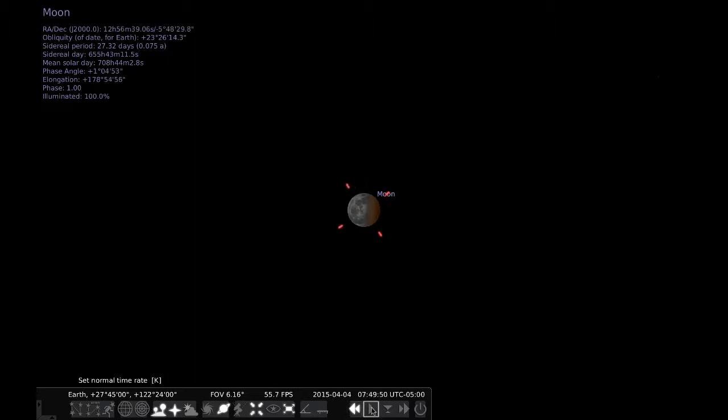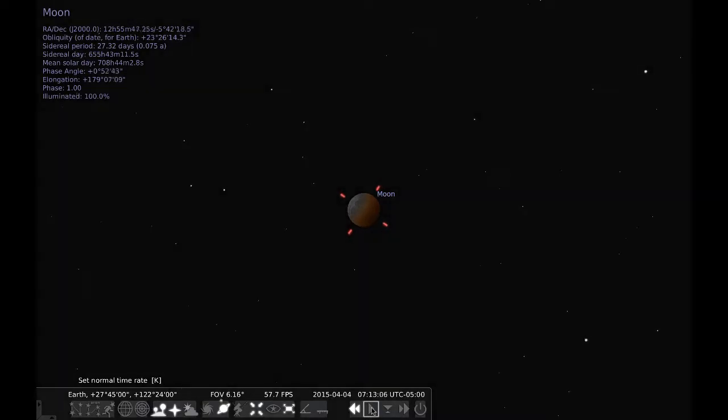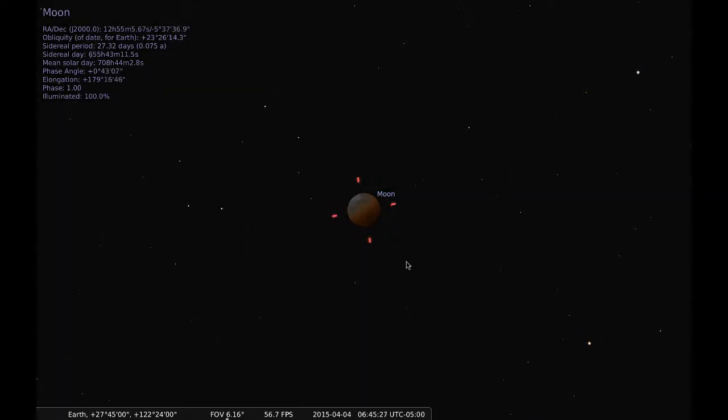There we go, and then back into the deepest part of the eclipse. Stellarium tries to show how the stars will be dimmed due to the light pollution of the full moon, and so the stars come out when the moon is eclipsed more. I'm not sure how realistic that actually is.